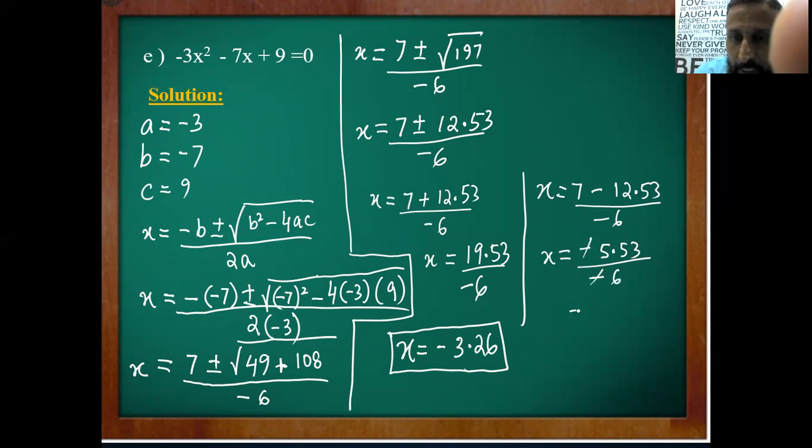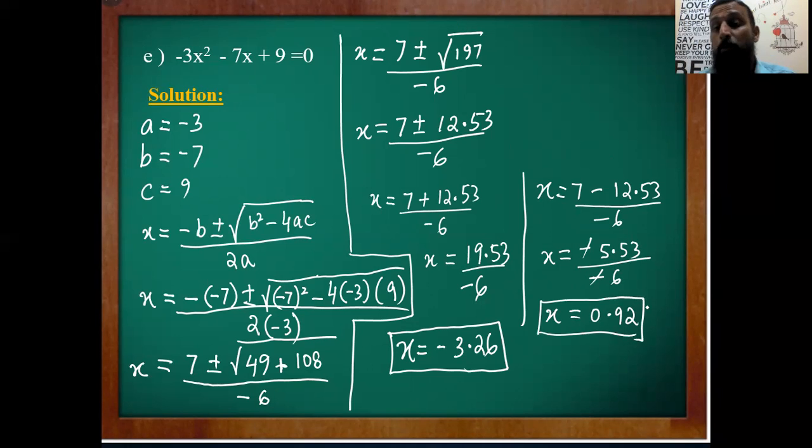Both the negative signs cancel. So 5.53 divided by 6 is 0.92. Again, both the answers are correct to two decimal places. So I hope this makes sense and you have learned the concept of the quadratic formula.